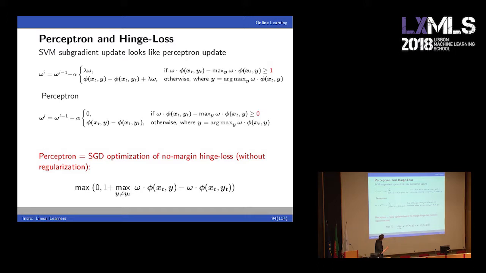This is the hinge loss objective for the support vector machine, where we have this lambda times w that comes from the regularization or from the margin maximization, and we are just missing that in the perceptron. The perceptron is very much an online learning algorithm like the online support vector machine. It just doesn't do any explicit margin maximization or regularization. So that's why the SVM is a better learning machine than the perceptron.